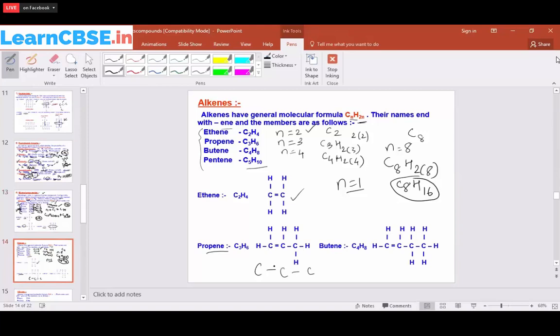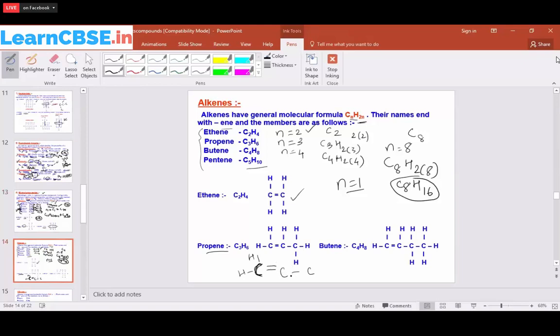If you place the double bond here, we have to make sure the carbon atoms are balanced. This carbon already has two bonds here and one bond with a hydrogen atom, so 1, 2, 3.